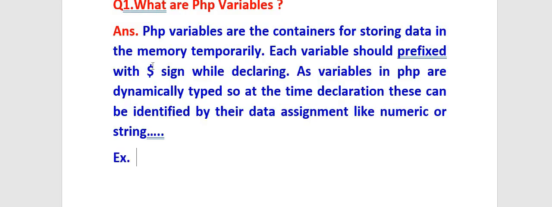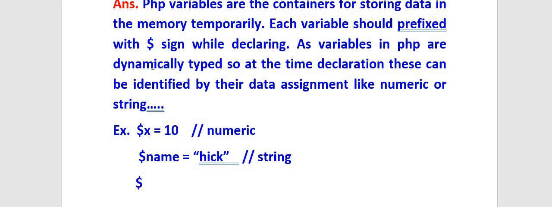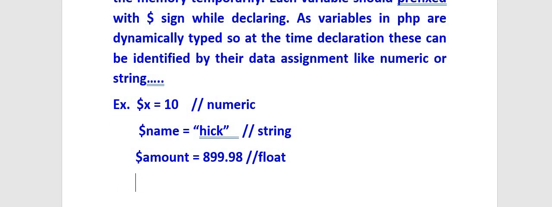Example: $x equal to 10, so it is numeric. $name equal to "hic", a string. $amount equal to a decimal value, a float. $status equal to true, a boolean.